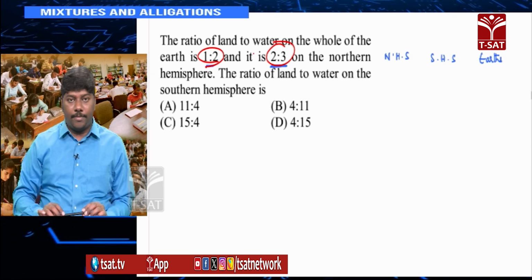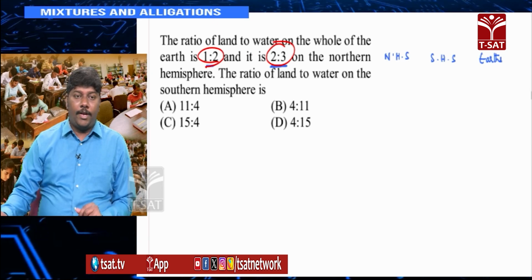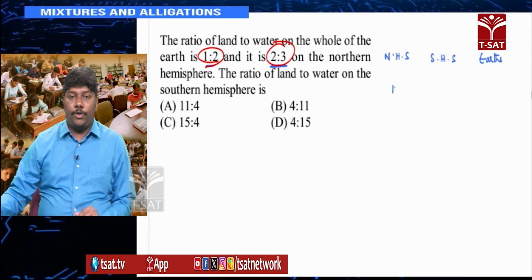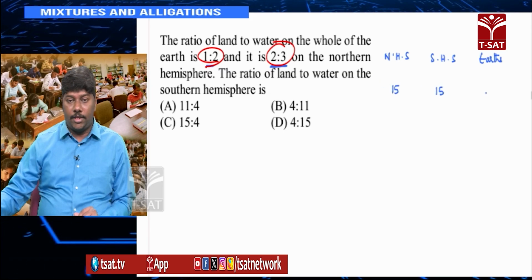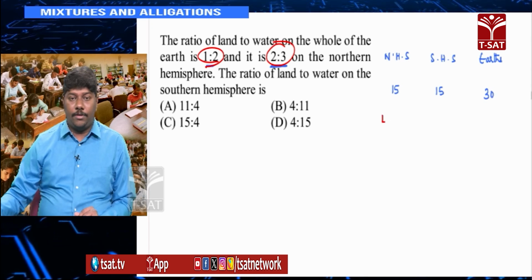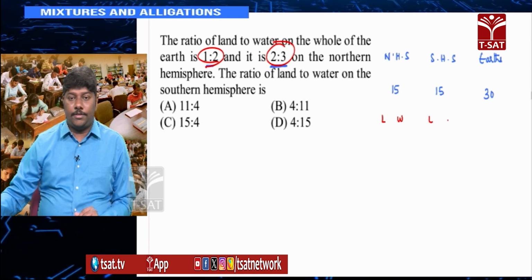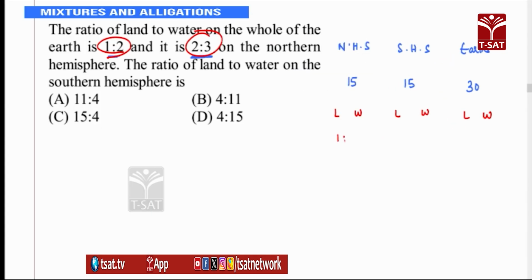Take any number which is a multiple of 3 and 5. The multiple of 3 and 5 is 15. I am taking there are 15 units of land in the northern hemisphere and the southern hemisphere. On the whole of earth it is 30. Now divide land and water in the whole earth into the given ratios 1:2, 2:3.